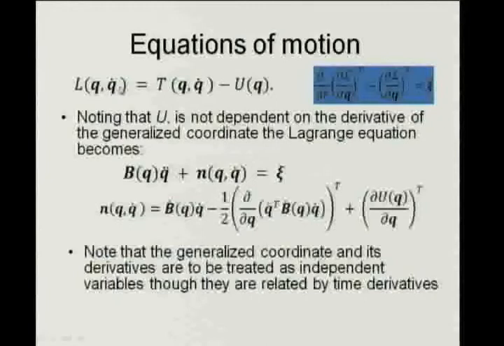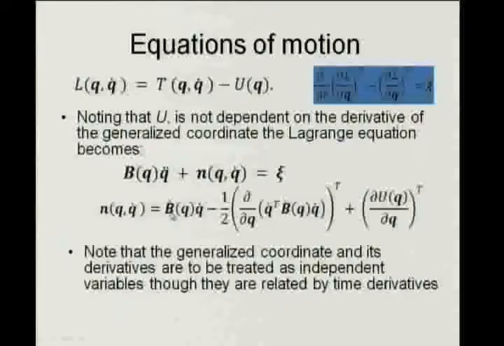So if you start doing that, then this term will consist of two terms, right. You have to do d by dt of del by del q dot of the q transpose Bq term. That will give you two terms. One will be B dot q, because when you do d by dt, you first do del upon del q dot and then d by dt of it.